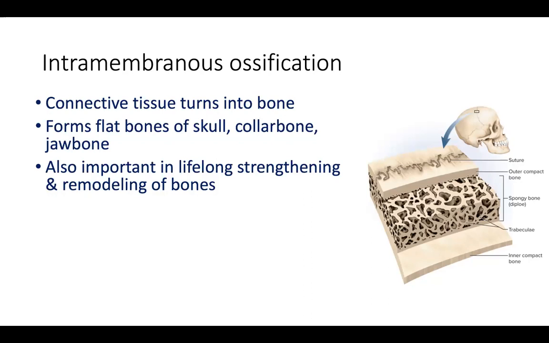So collarbone, jaw, and cranial bones are formed by this process. Those are the 3 areas specifically that are formed by this very specific type of bone development. Everything else in fetal development is essentially the other one, endochondral ossification.